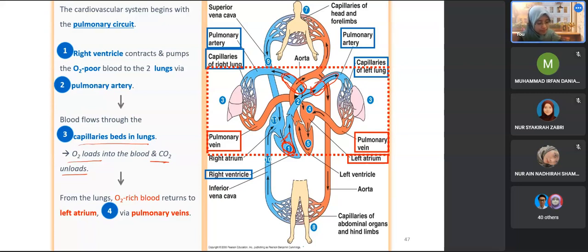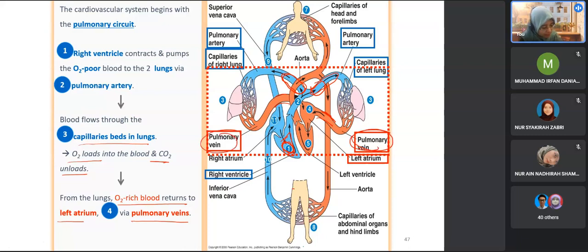Okay. So from the lung, oxygen-rich blood returns to the left atrium through the pulmonary vein. Okay, so pulmonary vein yang ini. Okay, so dia ada branch daripada kiri dan kanan lungs lah, kan. So pulmonary vein ada dua, satu, dua.